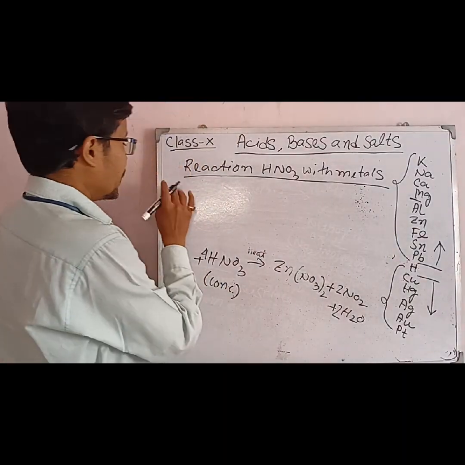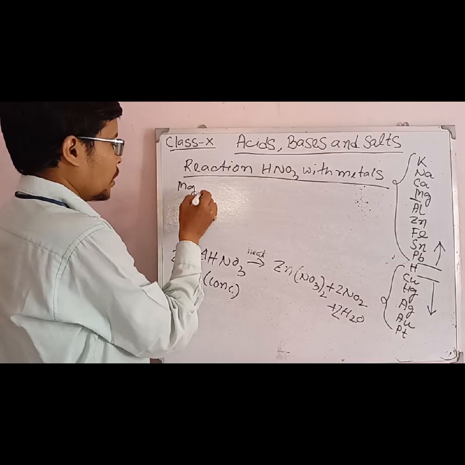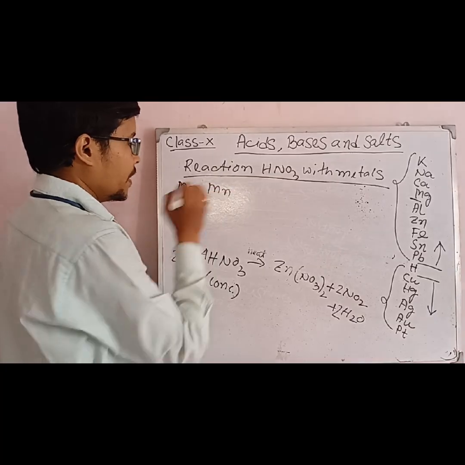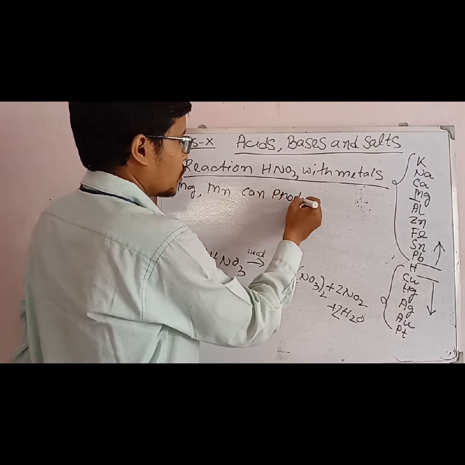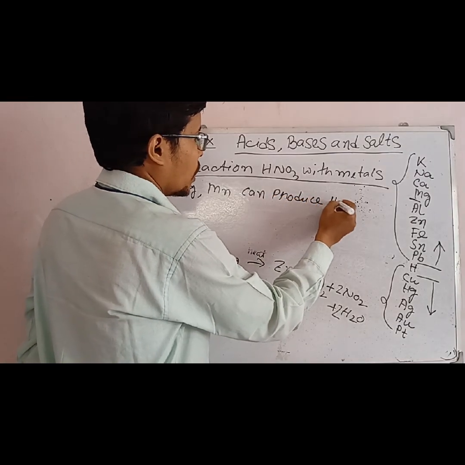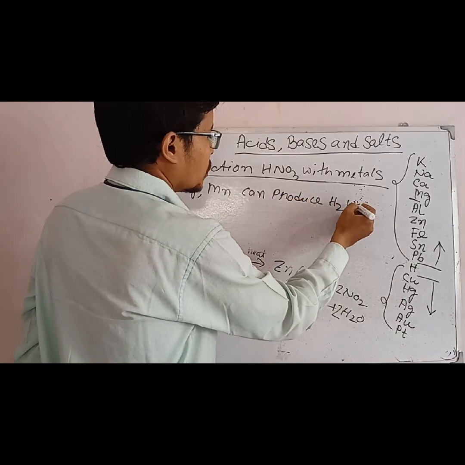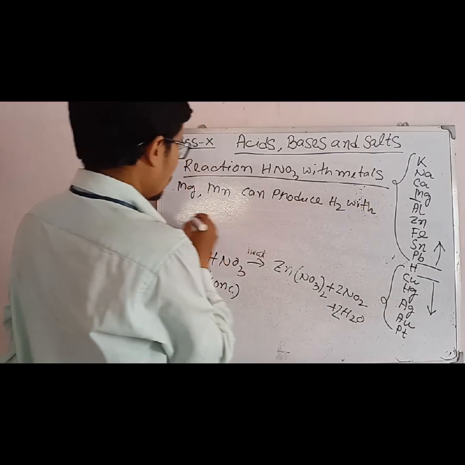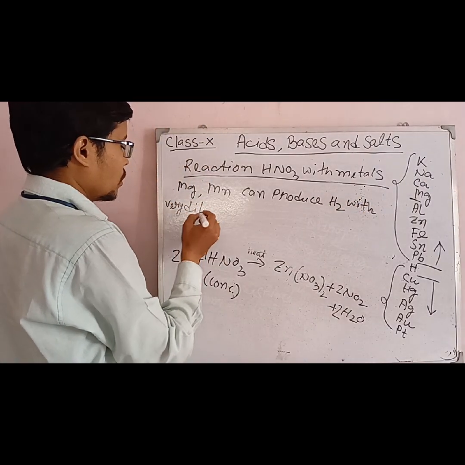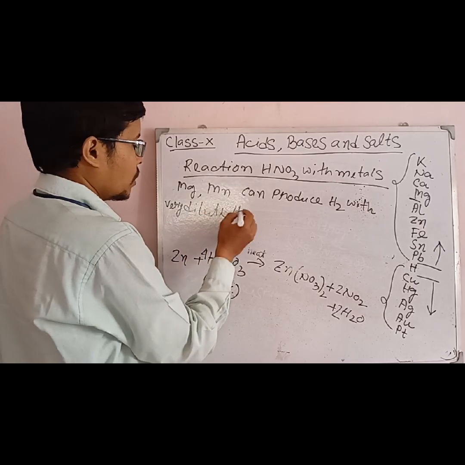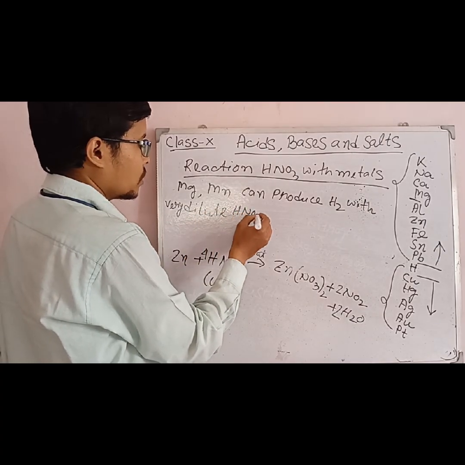Very few metals like magnesium and manganese can produce hydrogen with very dilute HNO3.